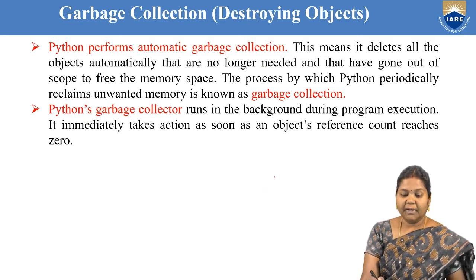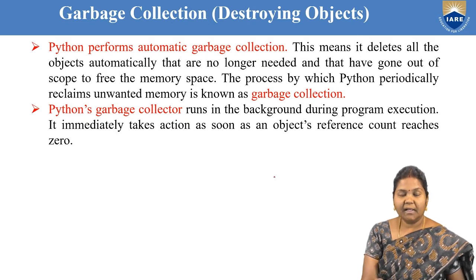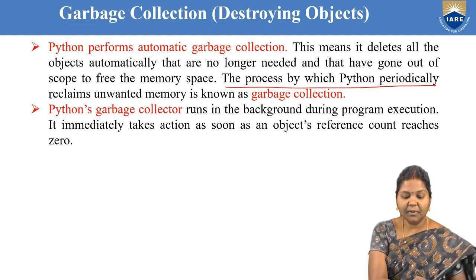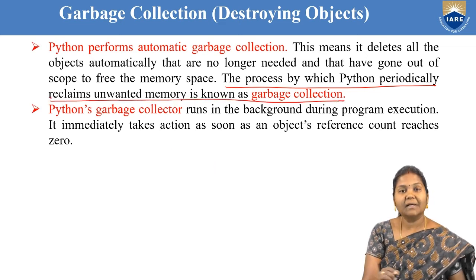So, you will never feel that you have run out of memory space, because automatically, as a background process, the garbage collector program is always running. Whenever you delete any object, the memory space is freed up and collected by the garbage collector. The process by which Python periodically reclaims unwanted memory is known as garbage collection.